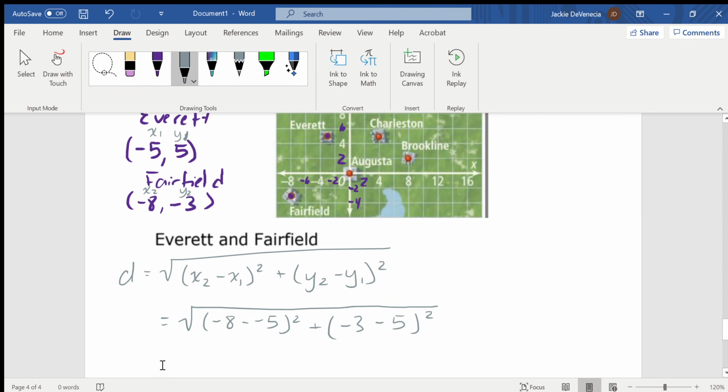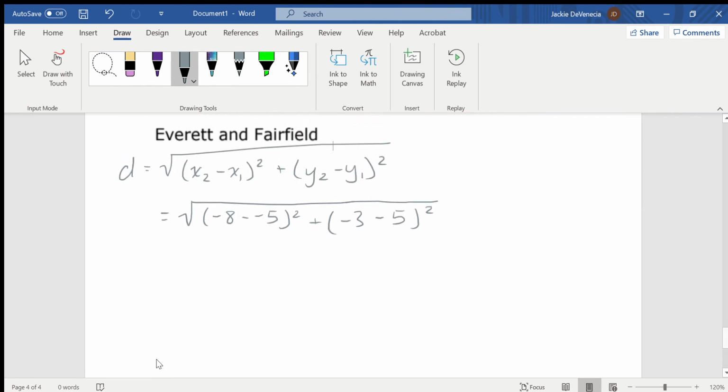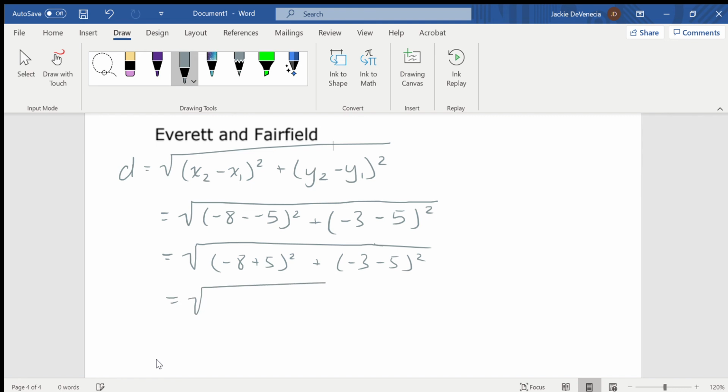And I'm just going to go ahead and solve everything. Just like before, I have those double negatives. So I'm going to simplify this to be negative 8 plus 5 squared plus negative 3 minus 5 squared. And then in this point, this will be negative 3 squared plus negative 3 minus 5, which is negative 8 squared.